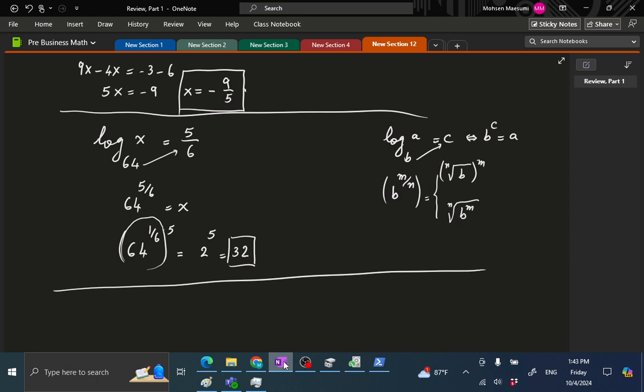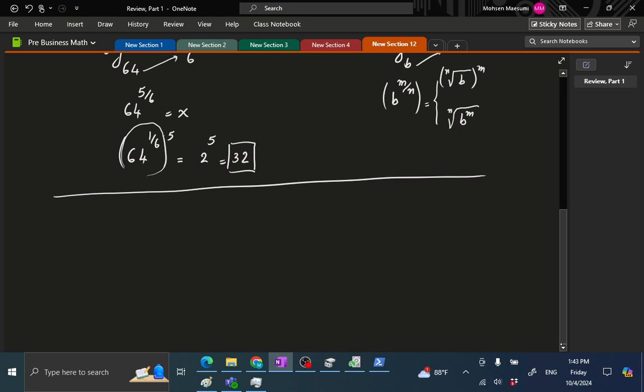So, picking questions from the exercise that you have. The next question, similar to one of the problems you have, is 3 raised to the power of logarithm of x in base 2 is 27. We want to find out what x is.